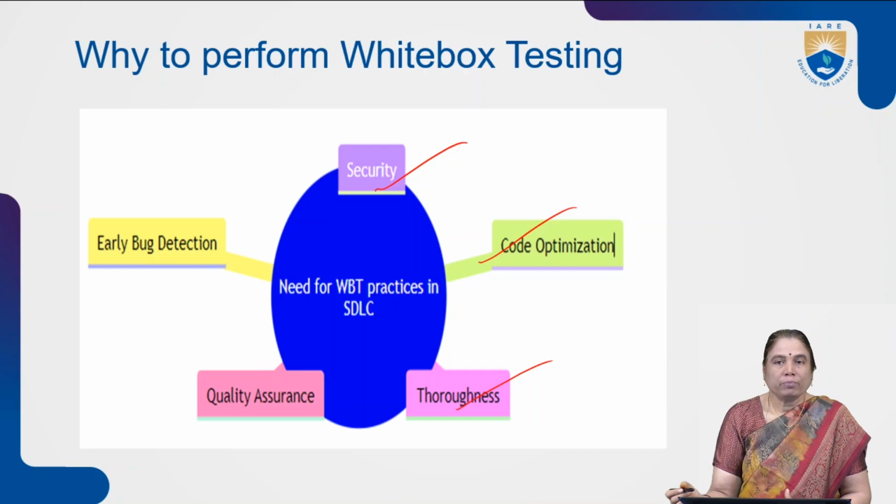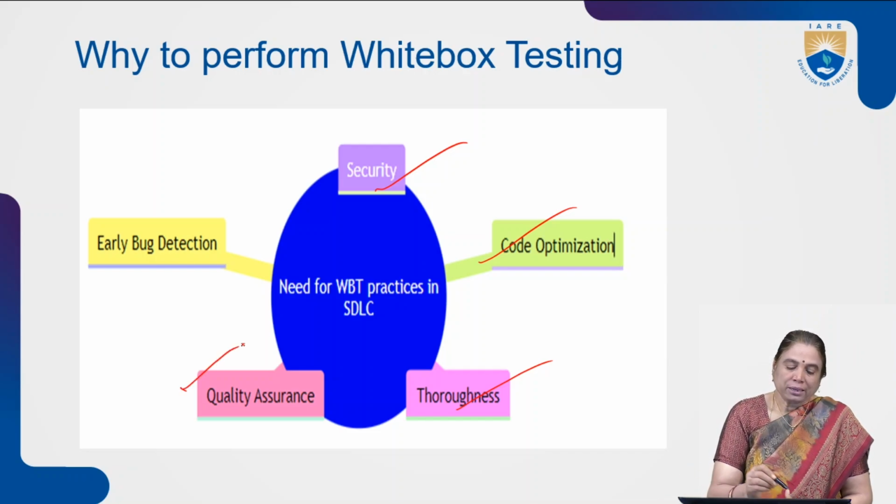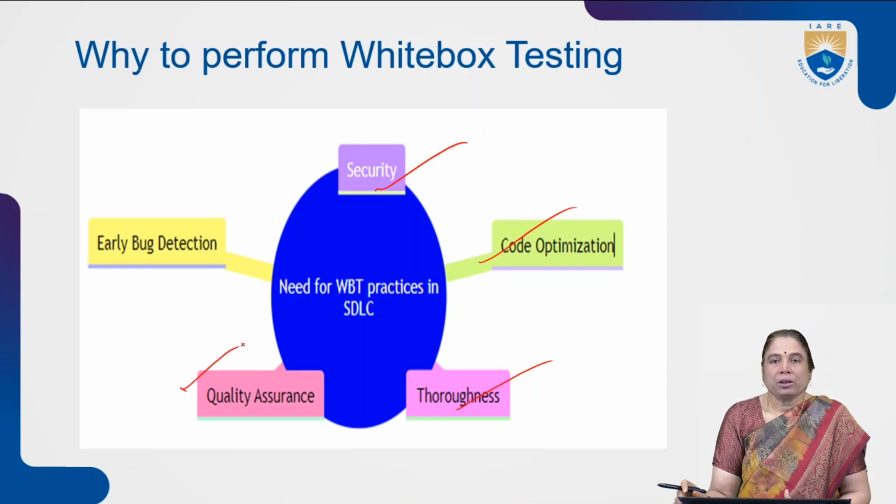Quality assurance: all conditional paths, looping paths, branch coverage, statement coverage and maximum code coverage are achieved, which ensures the quality of the application. Since paths are exercised, there is a chance of detecting bugs early in the software development life cycle.